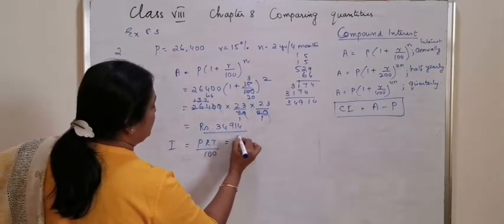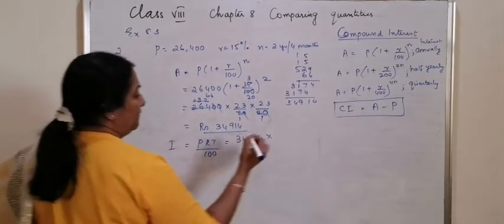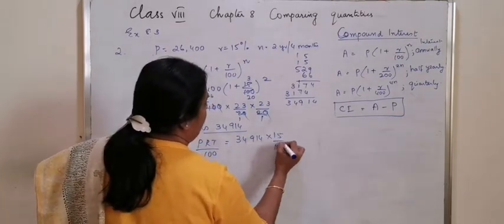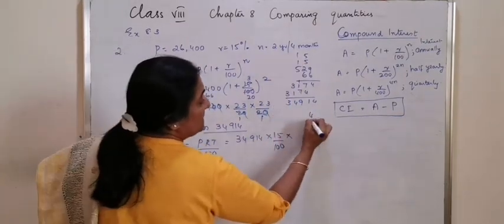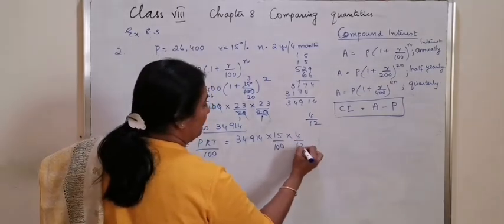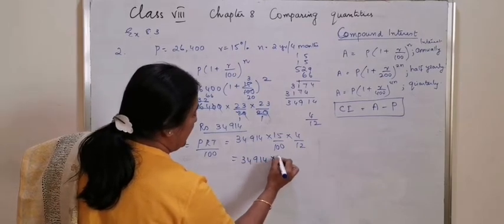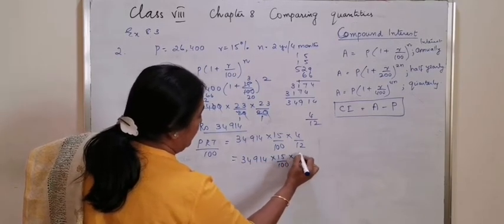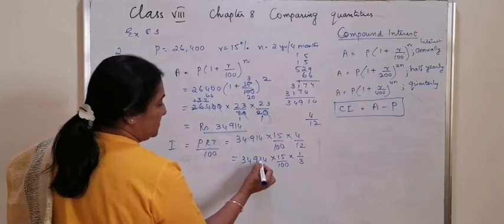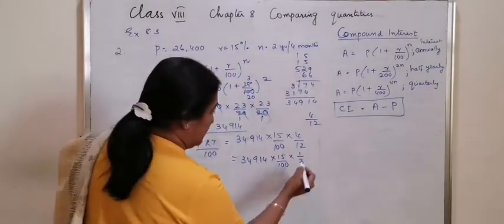PRT by 100, which is equal to 34,914 into 15 by 100 into 4 months, which is the same as 4 by 12, which is equal to 34,914 into 15 by 100 into 1 by 3. 9 plus 1 10, 14, 14 plus 4 18 plus 3 21.